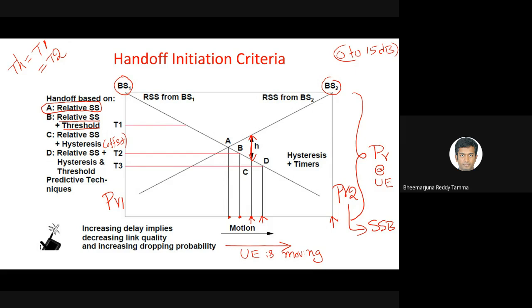So all three conditions are satisfied at point D. Until the user reaches point D, there won't be any handover with this particular scheme.